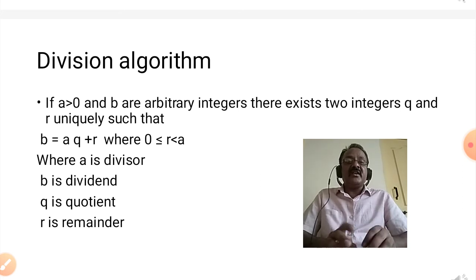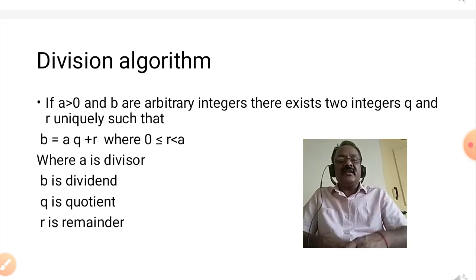In the division algorithm, when you divide one number by another number, you are all familiar with it, you studied it in your lower classes. Even in almost all the classes we are using the division concept. Once you divide one number by another number, what exists? Remainder exists, quotient exists. Correct?